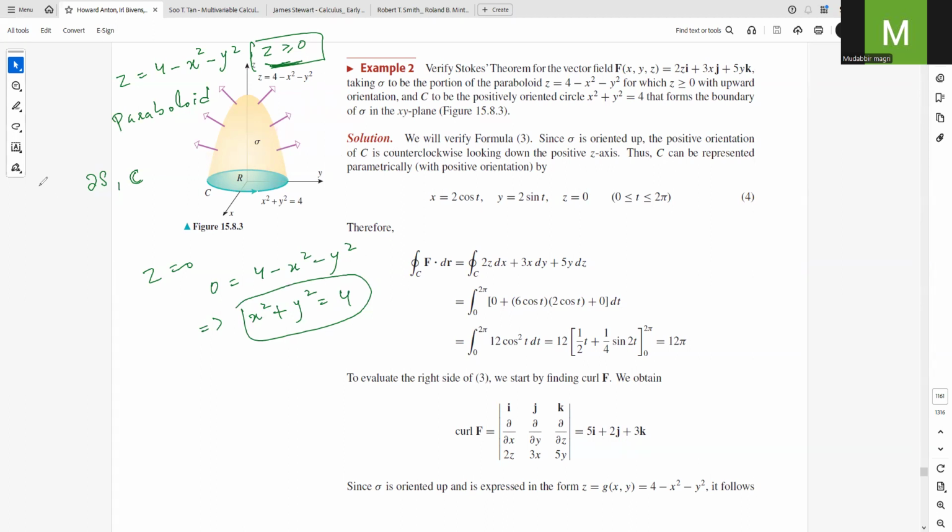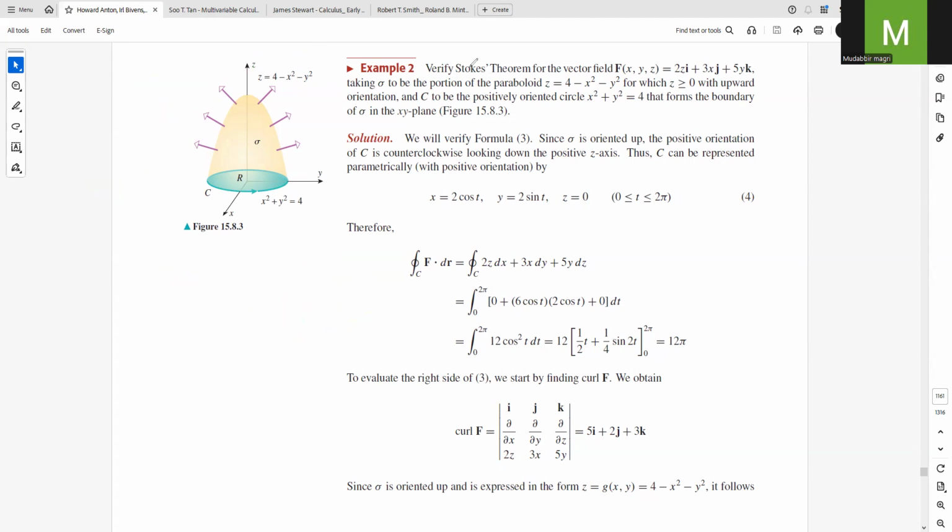So let us see what the problem says. It says: verify Stokes' theorem for the vector field F, which is defined on the surface, taking sigma to be the portion of the paraboloid, this paraboloid, for which z is greater than or equal to 0, with upward orientation.